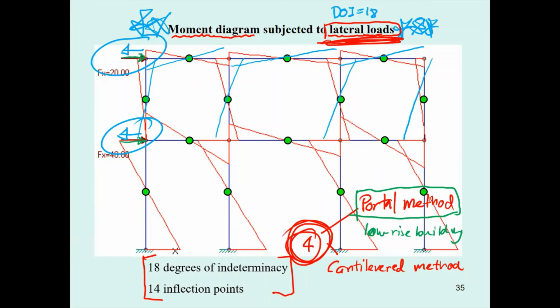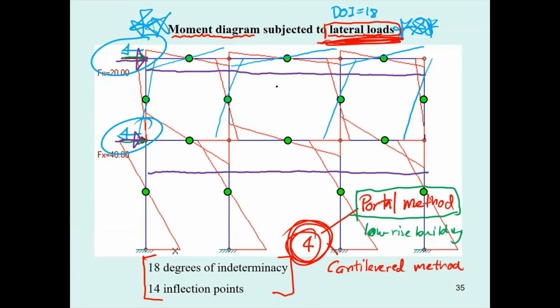Again, what is the portal method? 4 more conditions. Based on the portal method, they just assume that under the lateral load acting on the structure, the shear forces that occur in the beams at a given level are equal.